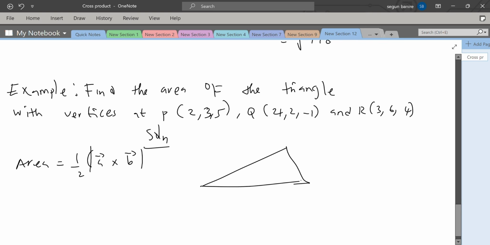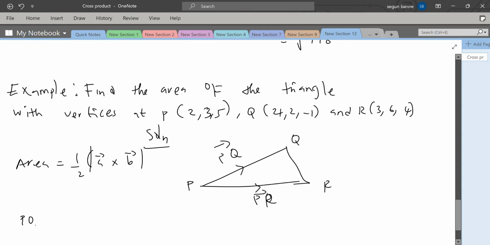The triangle has P, Q, and R. To get just the 2 vectors we'll be using, we will do PQ and PR. So you just look for their displacement.